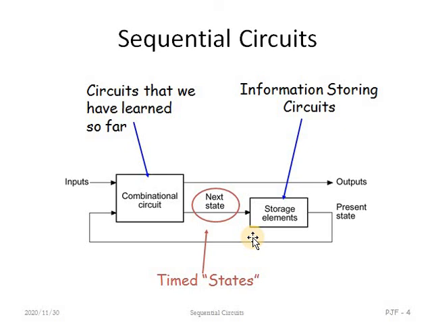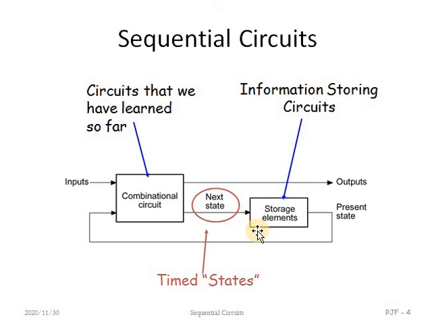The binary information stored in these elements at a particular time defines the state of the sequential circuit at that time, based on the value, either 0 or 1. That is, at what state the circuit is in is defined based on the binary information.